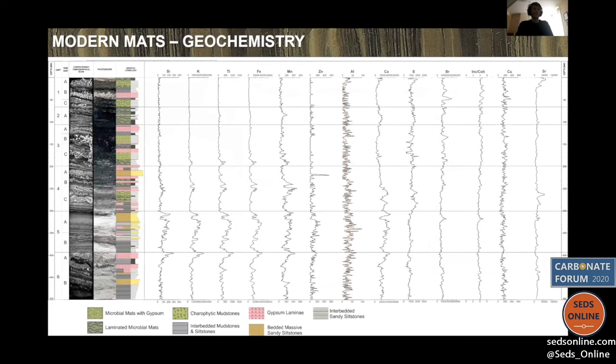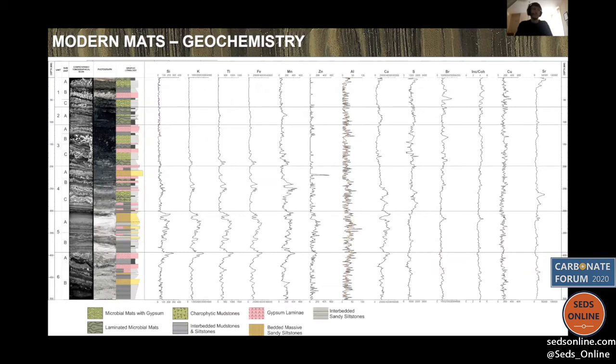And just in more detail in geochemistry, I'm not going to go into too much detail on this, but we've done very high resolution XRF analyses of these cores, basically because we want to get as much background information as possible about the processes that were occurring during periods of microbial mat formation. You want to best constrain what processes were leading to mat formation and what the geochemical conditions were at the time.